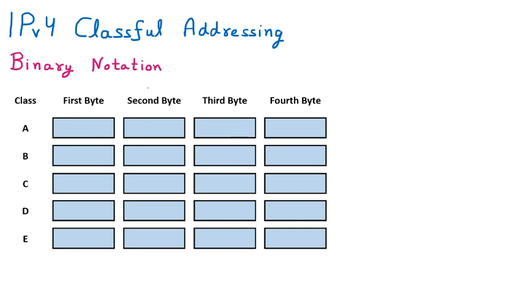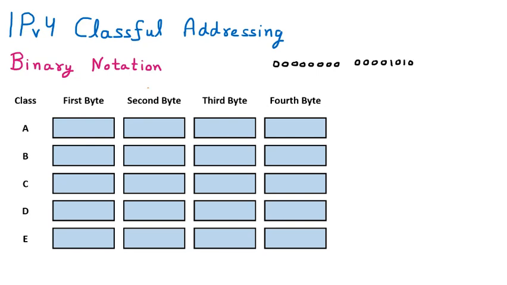If I take an IP that starts with 00000000, this is the first 8 bits of the IP. Then afterward we have 00001010, and that is the second byte.